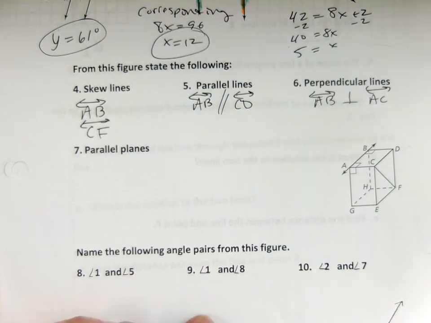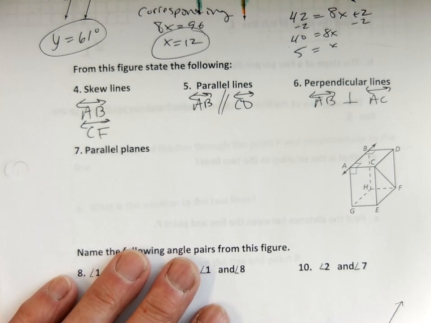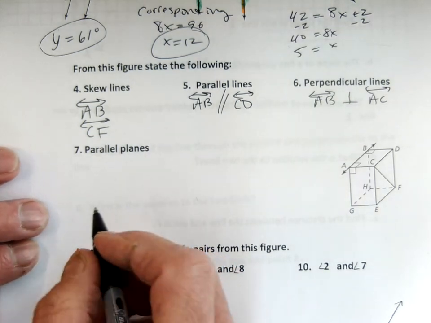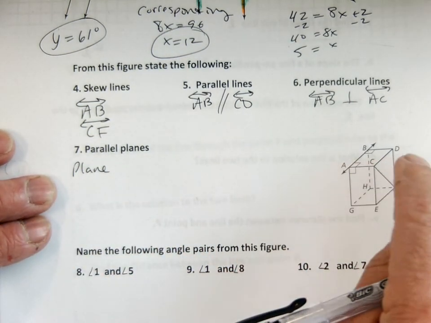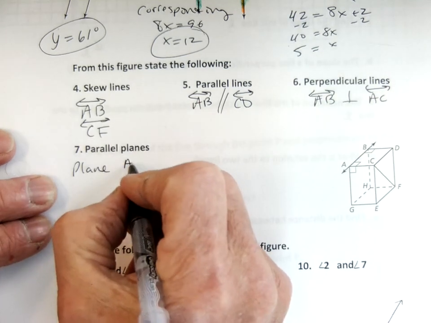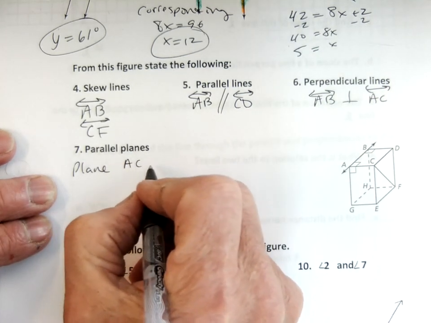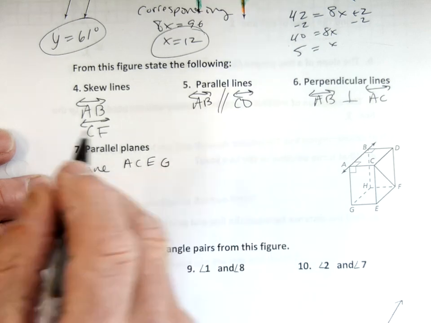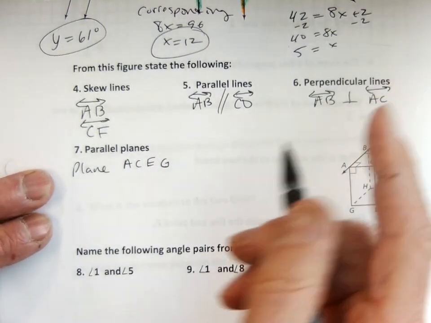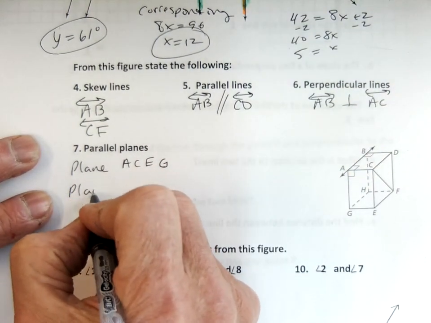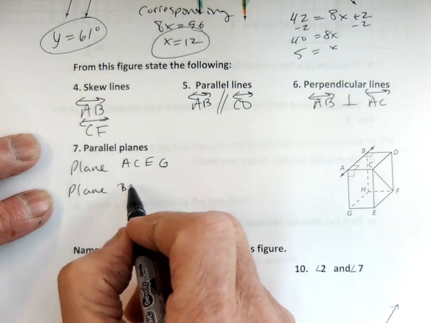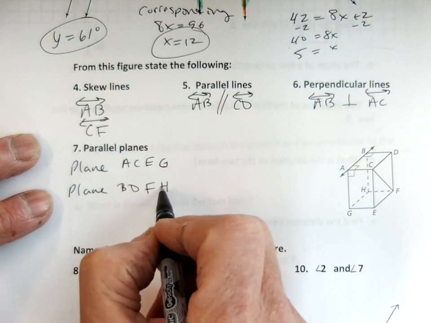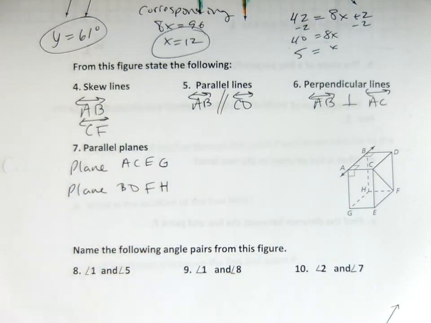Parallel planes, gosh, maybe the front of the box and the back of the box. I'm going to go plane ACEG. That's the front of the box with the back of the box, plane BDFH. You only need 3 points to describe a plane, but all 4 points makes it easy, right?